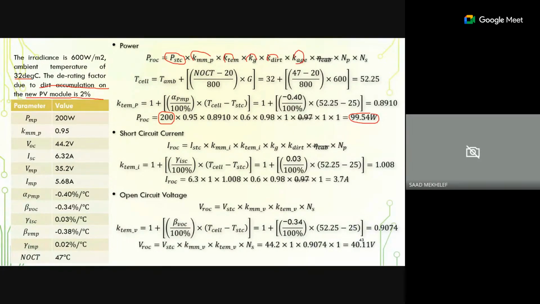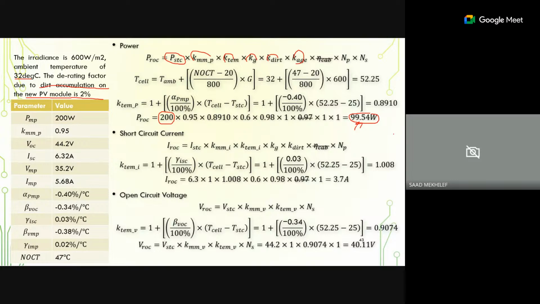So the actual, if you calculate all the derating, most of the time, for a 200 watt panel, in the best case scenario, maybe you can get a bit higher if the area is not dirty, is clean, and the temperature is low. Maybe you can get 150 watts, for example, as the best case scenario. But this is what actually happens.